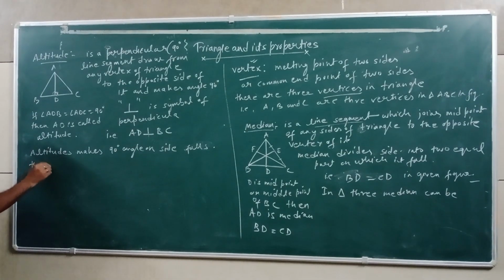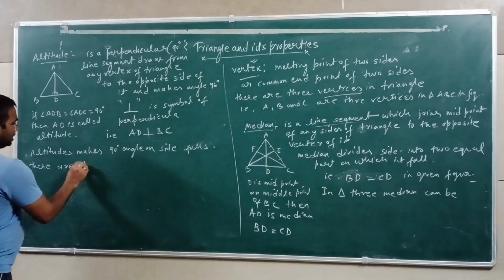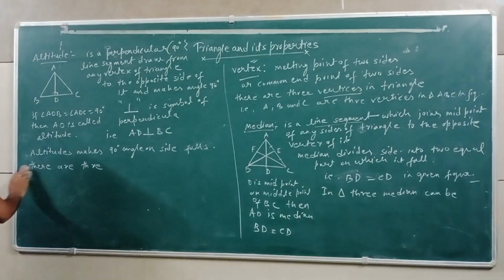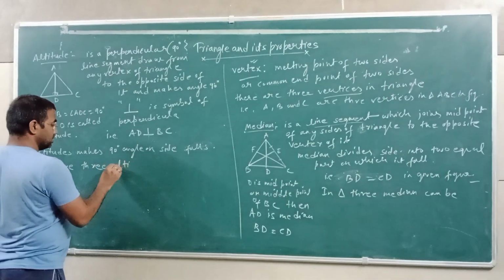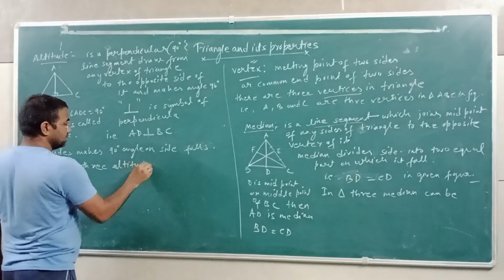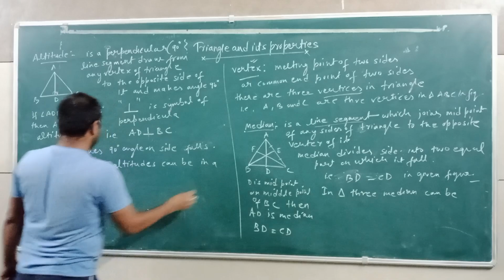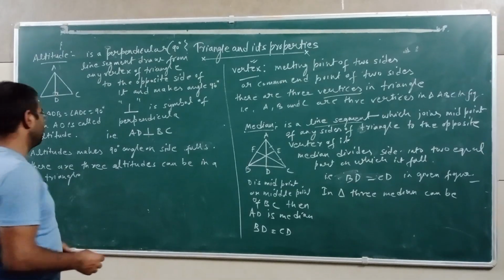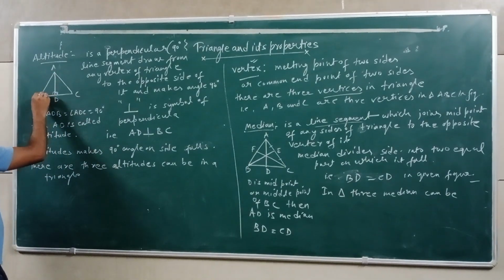There are three altitudes in a triangle, just as there are three medians in a triangle. One altitude is here.